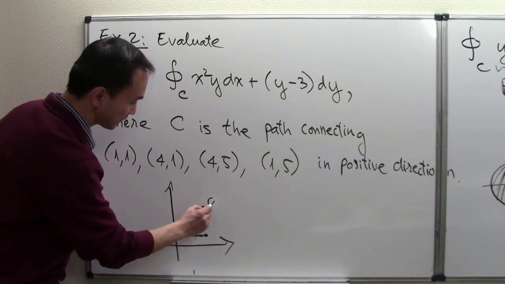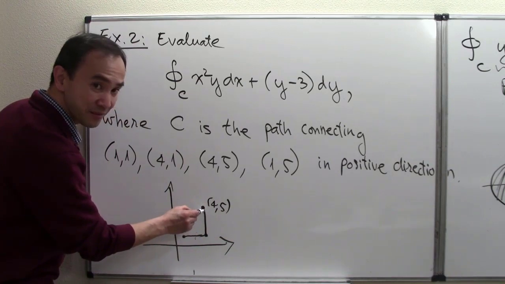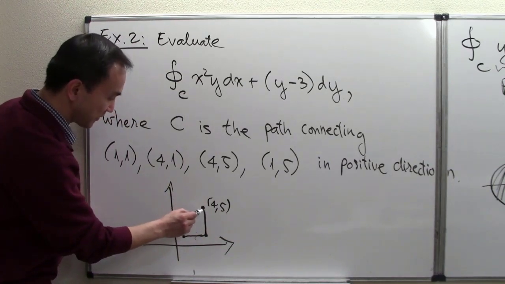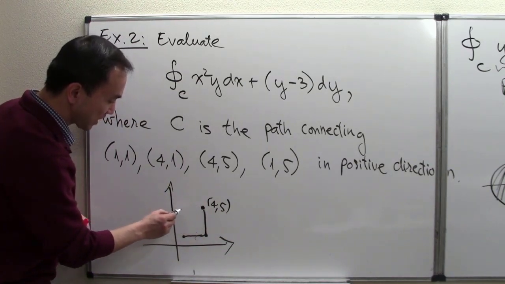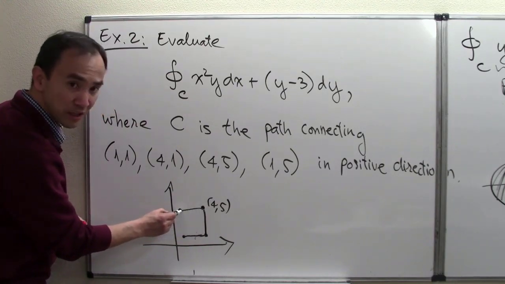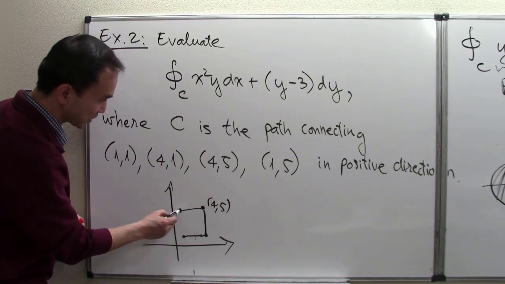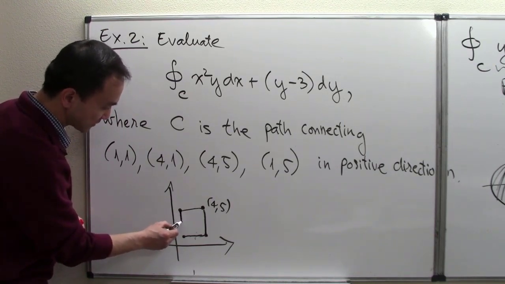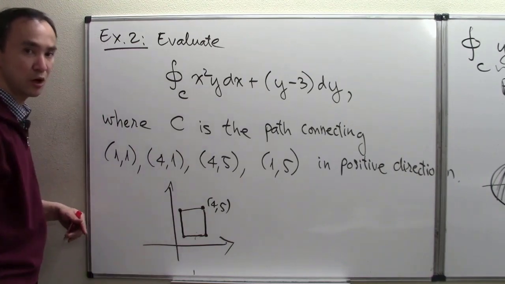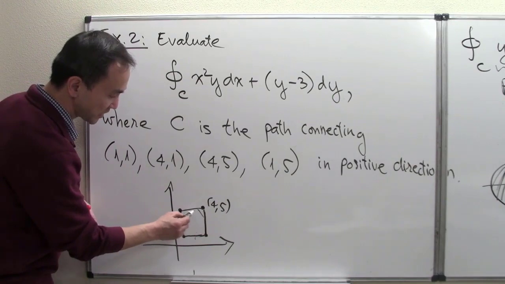Then from 4, 5 we connect over to 1, 5, and from there we connect back down to the beginning point. So it's a closed loop. We got these 4 vertices, and it creates for us a rectangular shape.